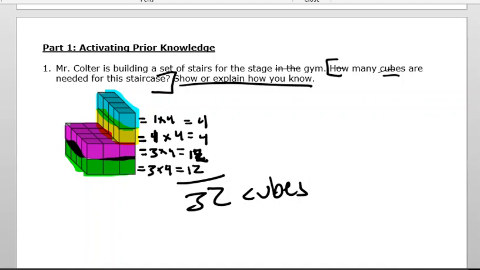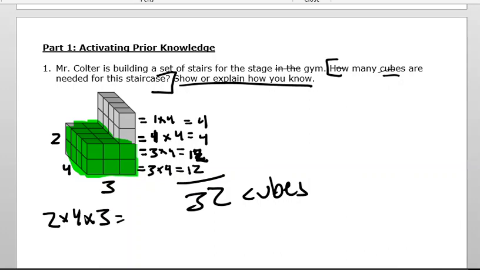Another way I could have looked at that, and what you're going to find is better for you, more efficient, is if I had broken it up into 2 shapes. I have this rectangular prism right here, which I know is 2 by 4 by 3, so 4 times 3 is 12 times 2 is 24.